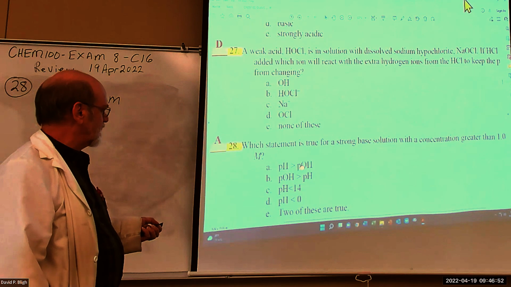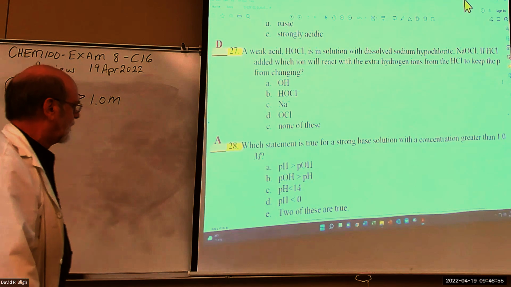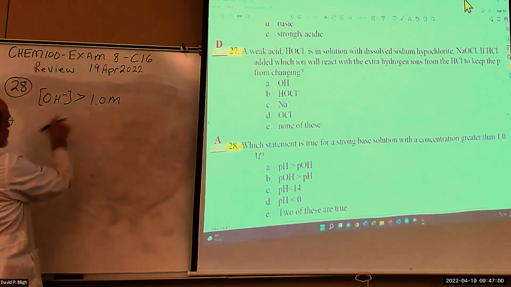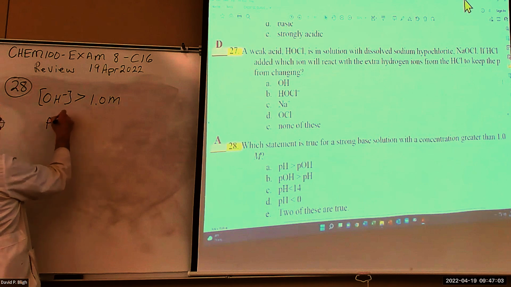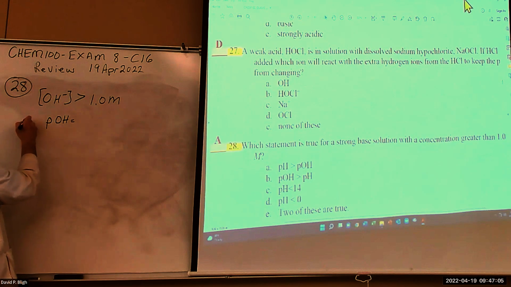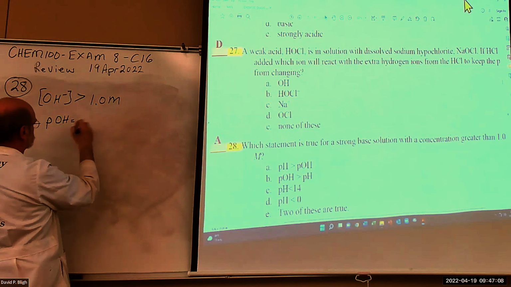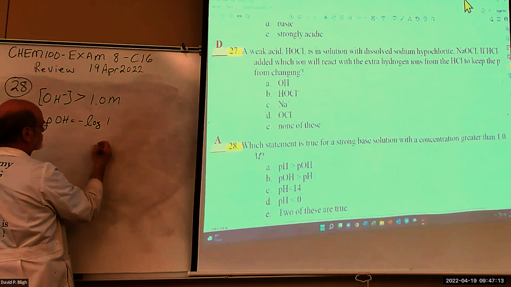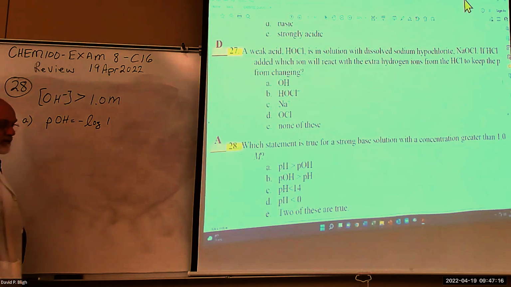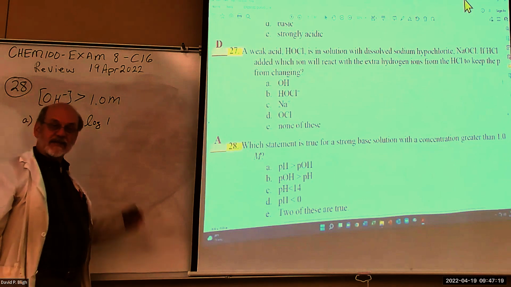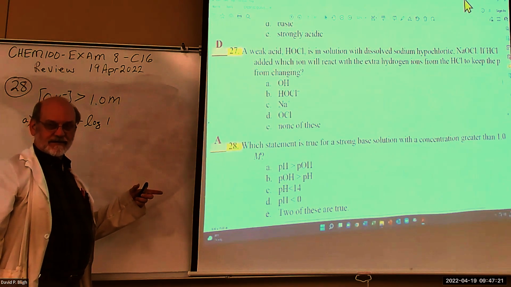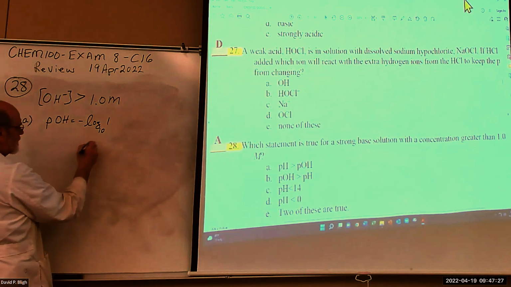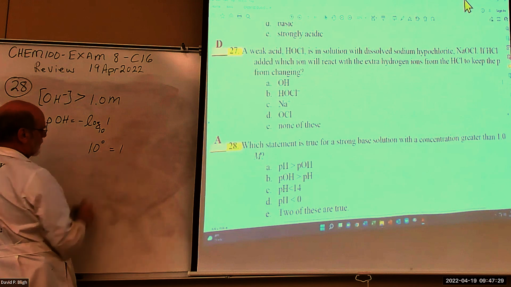pH is greater than pOH. Is that true? What would the pOH be here? Let's see, for A, the pOH would be negative log of 1, right? And what's the log of 1? Well, it's the power of 10 that's equal to 1. And the base is 10. So that means 10 to the 0 power is equal to 1.